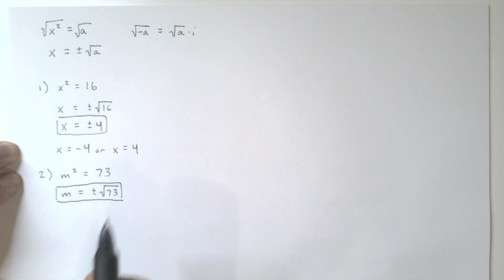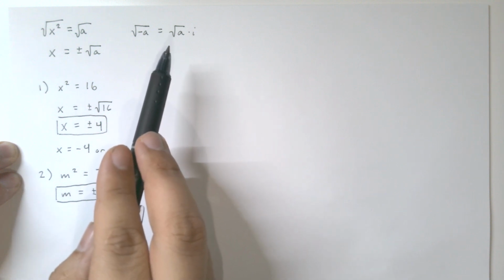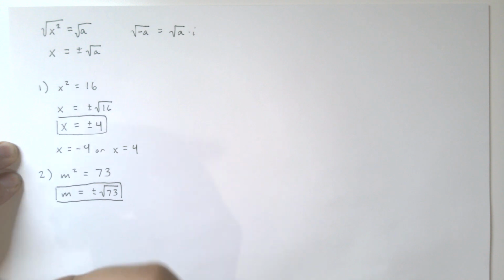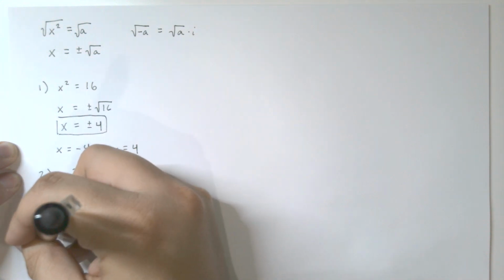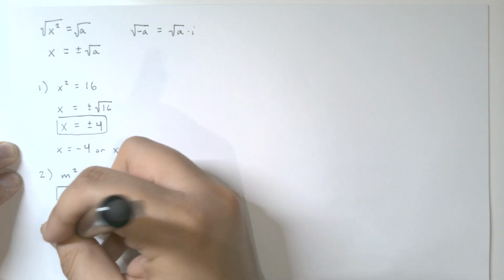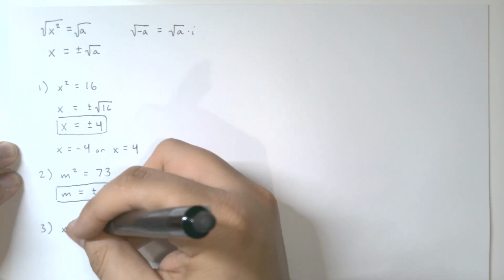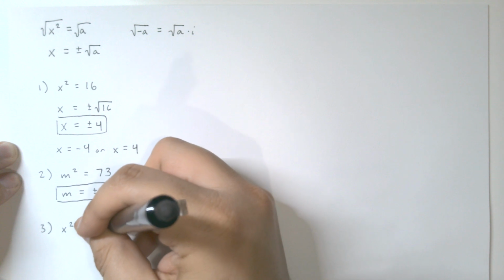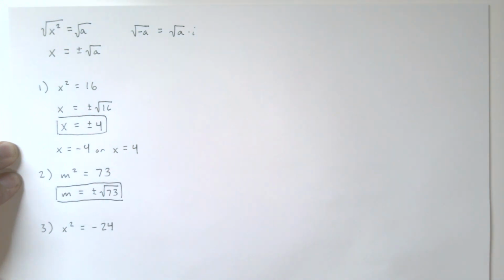And now, this is where we're going to use this property over here with our square root of a negative number for number 3. So for number 3, we have x squared is equal to negative 24. We have a variable isolated, so we just need to get rid of that square.